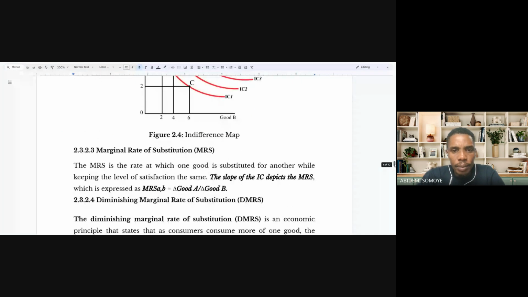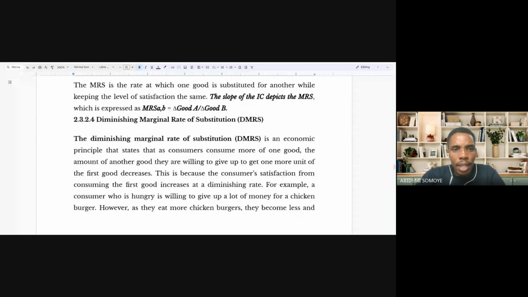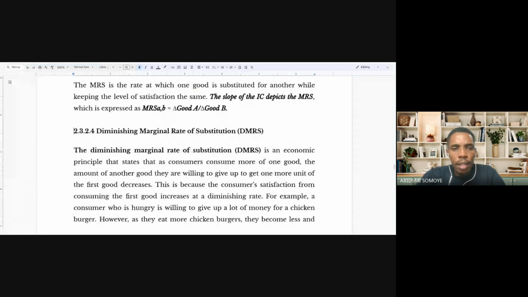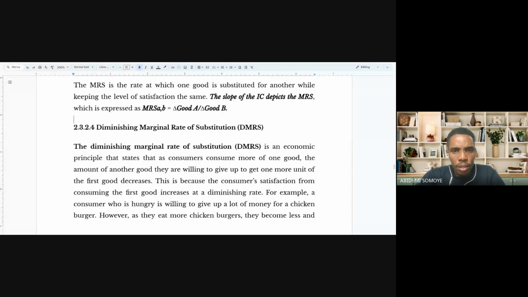Let's forge ahead and take a look at the diminishing marginal rate of substitution. Just like when we talked about the law of diminishing marginal utility, you also have that element in this explanation.